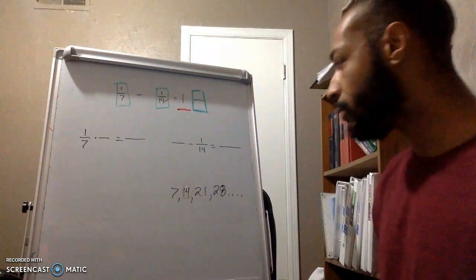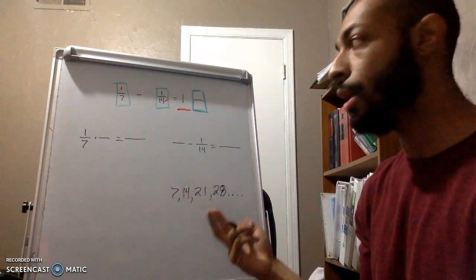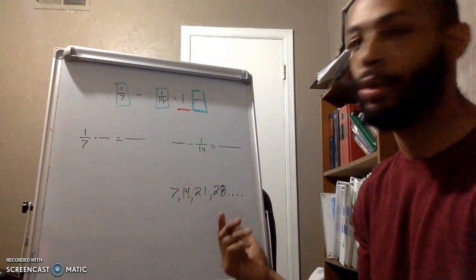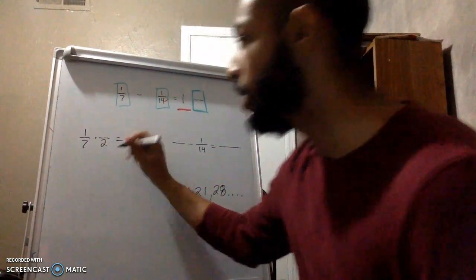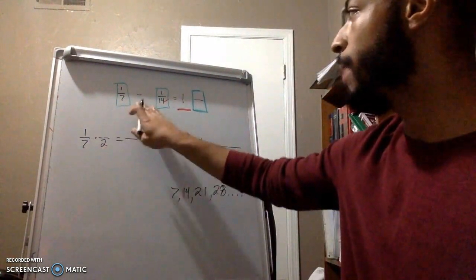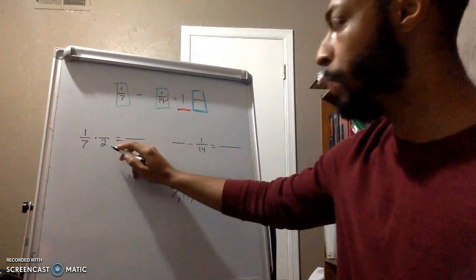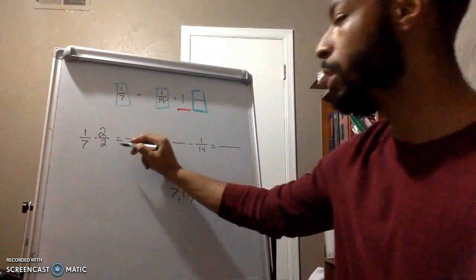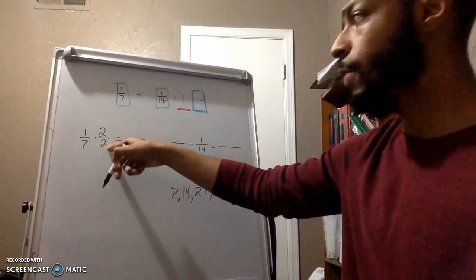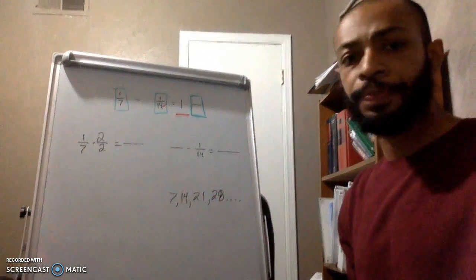So what did I have to do to get to that 14? Well, I had to add 7 2 times, or multiply 7 times 2. So we come down here and we can make the 7 into a 14 by just multiplying by 2. So let's multiply 2 here and 2 here, because we know if we do something to the denominator, we also have to do it to the numerator.